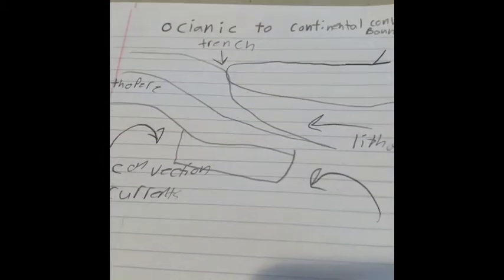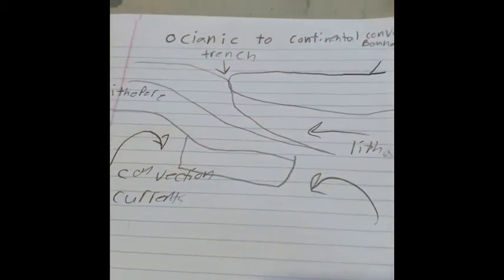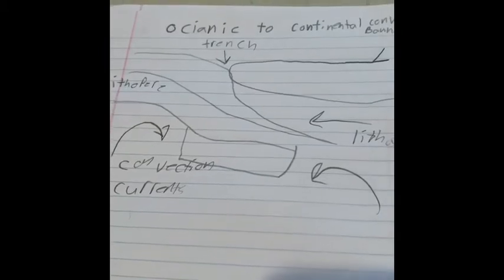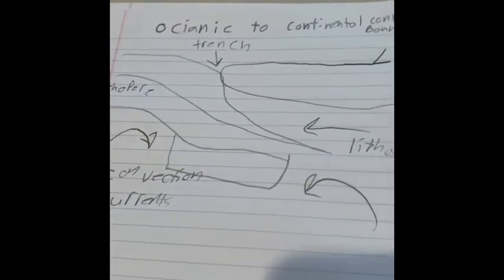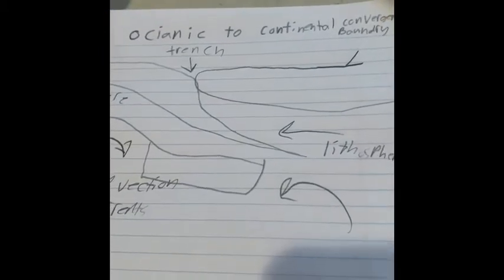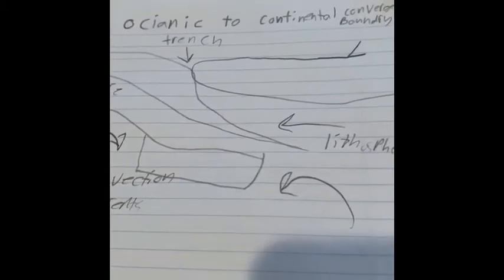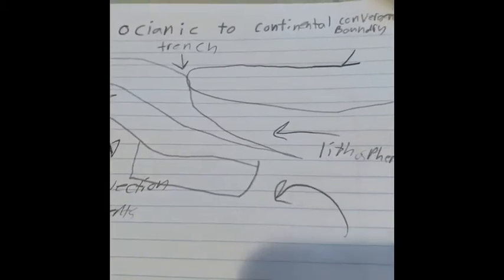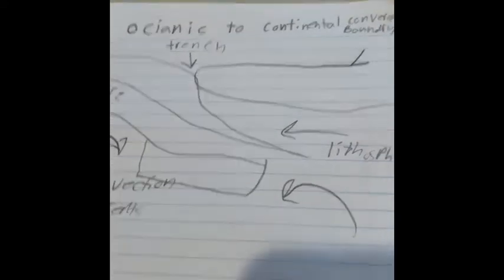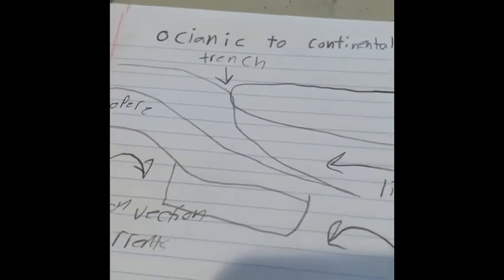When the magma rises, then it creates coastal volcanic mountain ranges because the oceanic plates are on the coast, so then the volcanoes are created on the coast, and it causes big earthquakes and creates a big trench underwater.